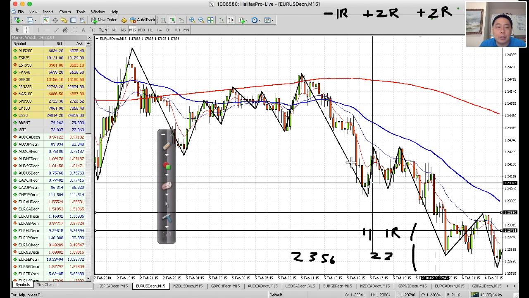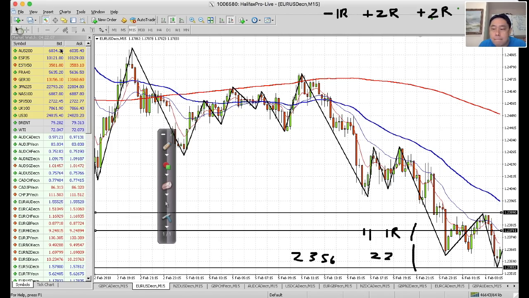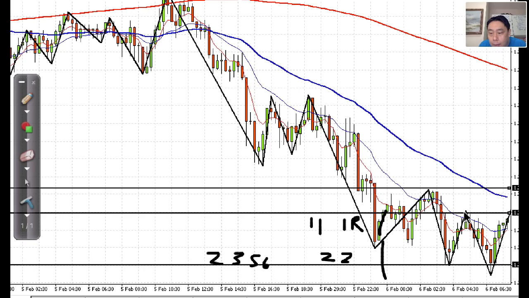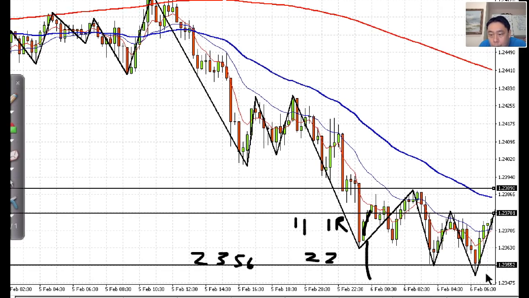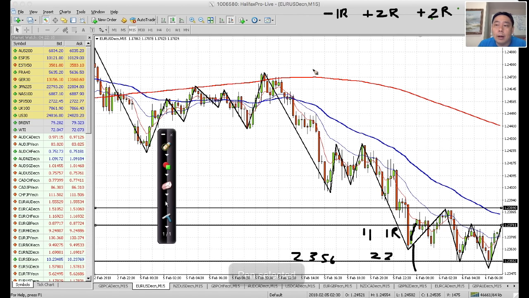Yeah, so just hit the profit target. Went up and went down again, so would have definitely hit the profit target over here. All right, so great. So that's another winning trade of 2R.